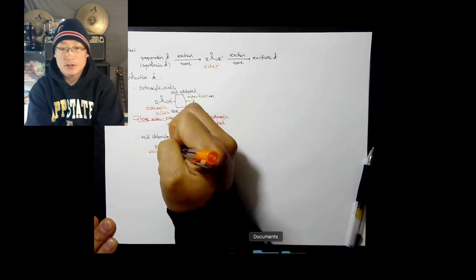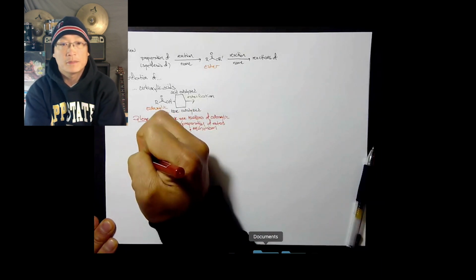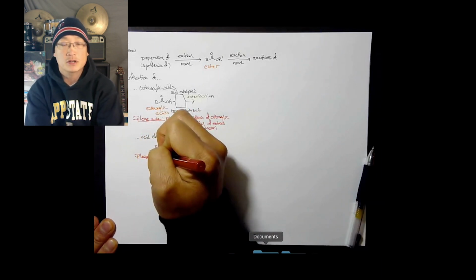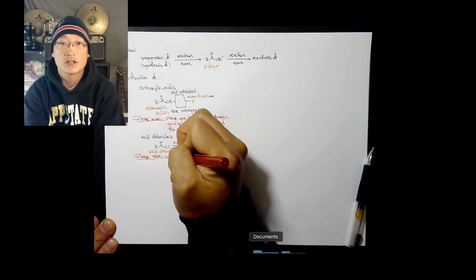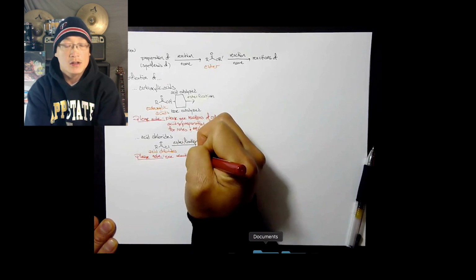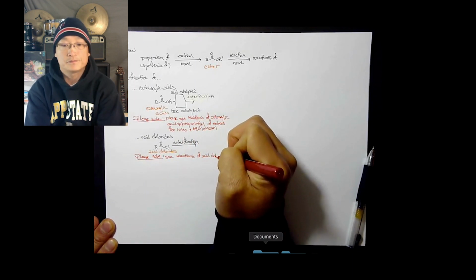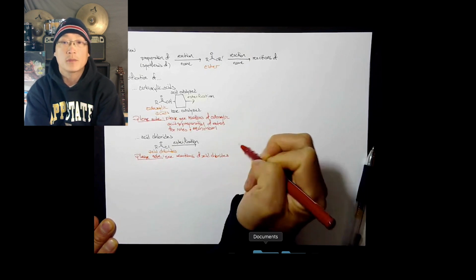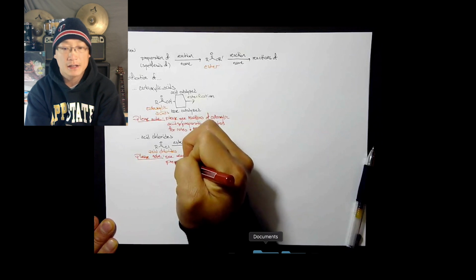I'm going to continue to harp on this idea that because we are interconverting between carboxylic acids and their derivatives, such as an acid chloride to a carboxylic acid, the mechanism is going to be the exact same as any other carboxylic acid derivative, and so you'll see a lot of commonality there.